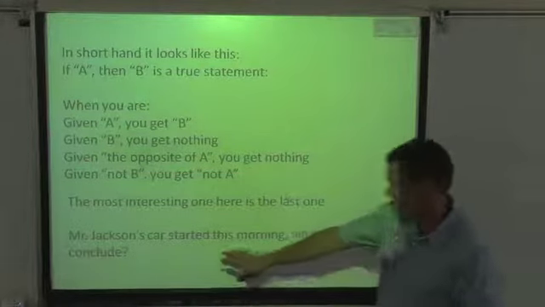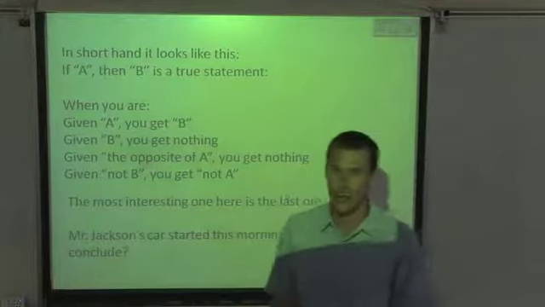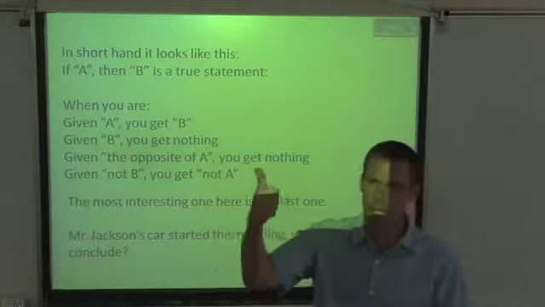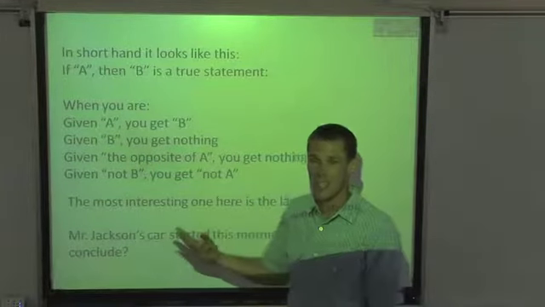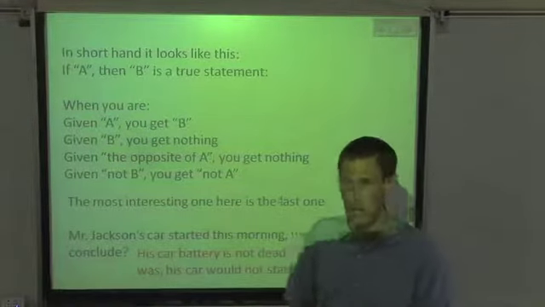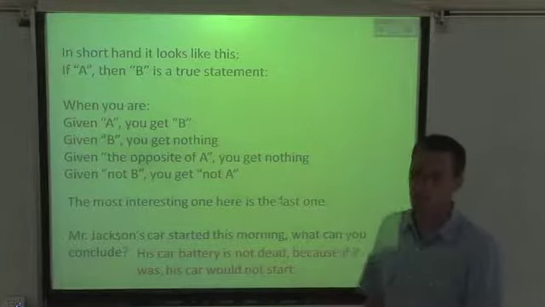Look at this statement. Mr. Jackson's car started this morning. What can you conclude? Go back to the beginning of the lesson. If a car battery is dead, the car won't start. Mr. Jackson's car started. Well, we can conclude the battery must not be dead, because if it was dead, the car wouldn't start.